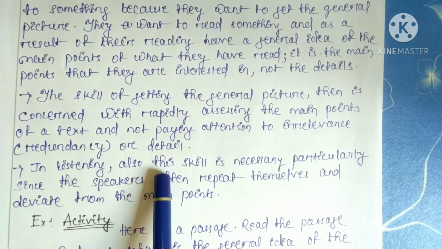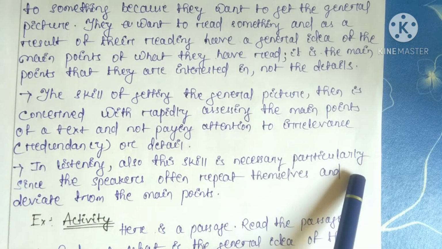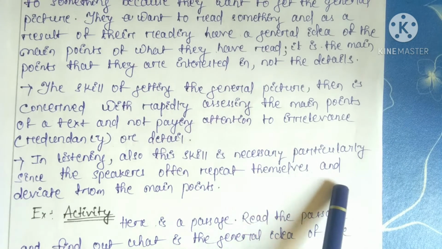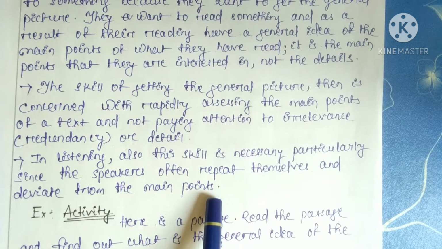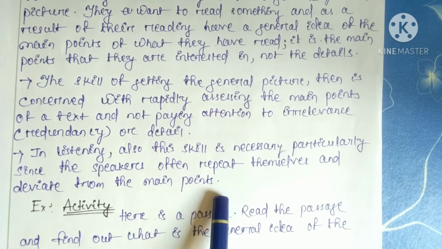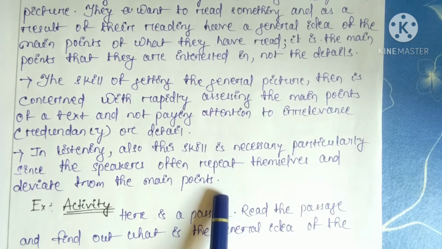In listening, this skill is also necessary, particularly since speakers often repeat themselves and deviate from the main points. So, without distraction or deviation from the main points, a learner can extrapolate the main points or get some general ideas.